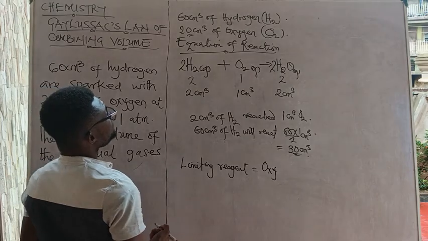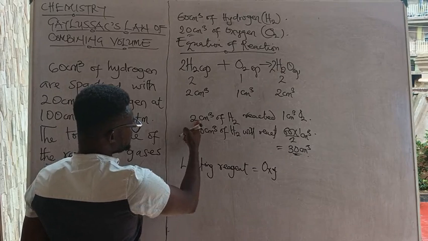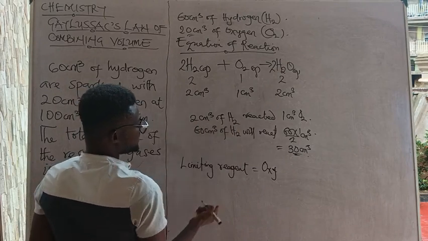Then again, we check that of oxygen. 2 cm cube of hydrogen reacted with 1 cm cube of oxygen.